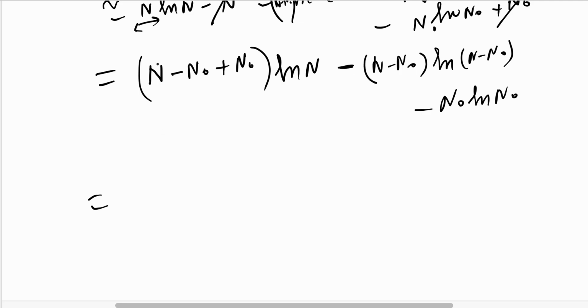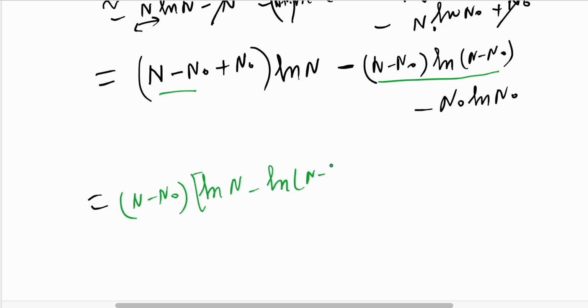So if I take these two terms, we get (n minus n0)(ln n minus ln (n minus n0)), and if we take the other two terms, we get n0 (ln n minus ln n0).